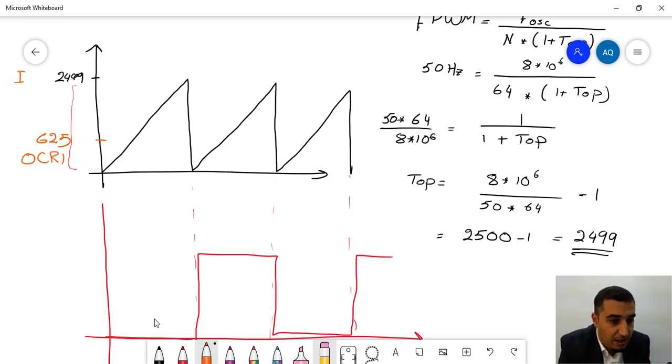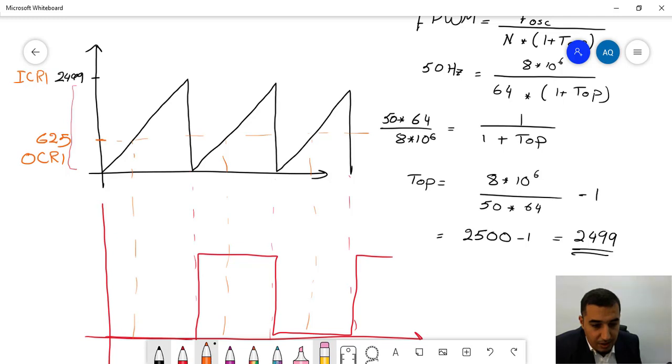This is my ICR1, this is my OCR1. Now what happens is, the signal will go down, then go up, then go down, then go up, and so on.